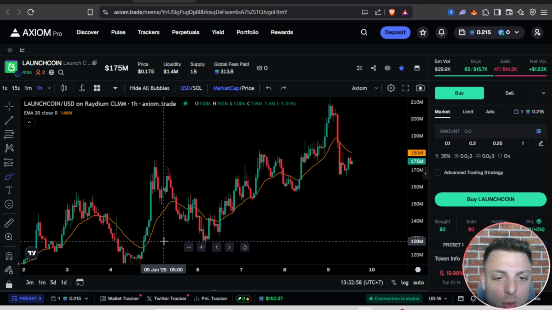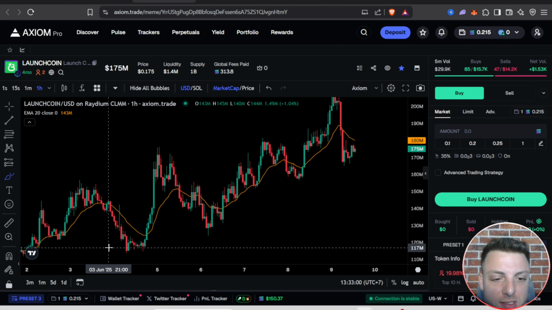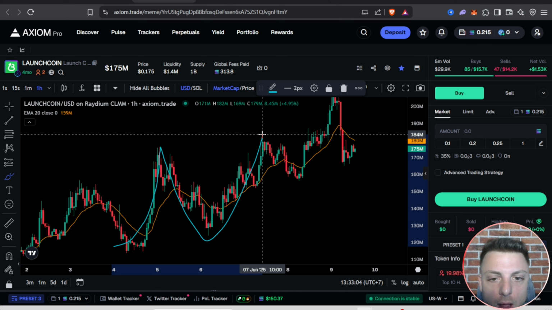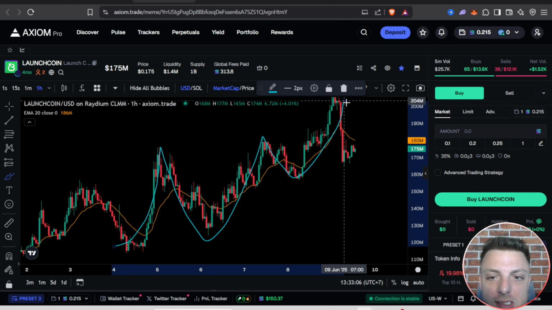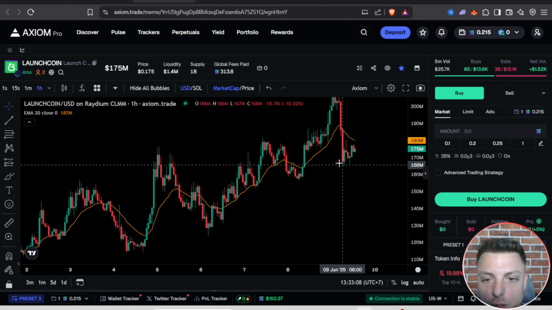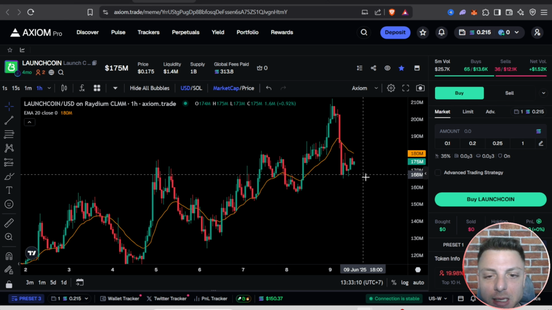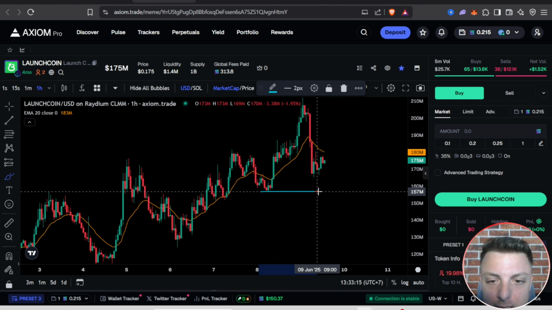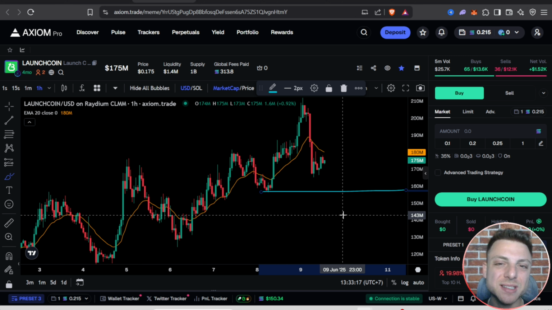Not only that, we're making these really strong waves to the upside, with higher highs, higher low, higher high, higher low. Now we've made this higher high structure, and it looks like we're coming back to make another higher low. And what I love about this is this is exactly where my stop would go.